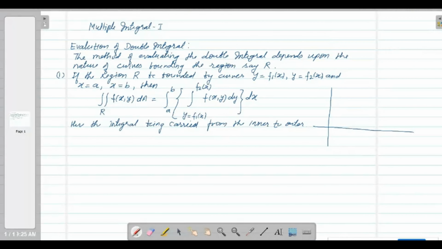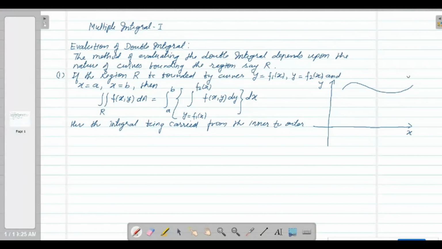This is your x-axis and this is your y-axis. So we will evaluate the function over the region R. If R is the region bounded by the curves y equal to f1(x) and y equal to f2(x), suppose there are two curves.